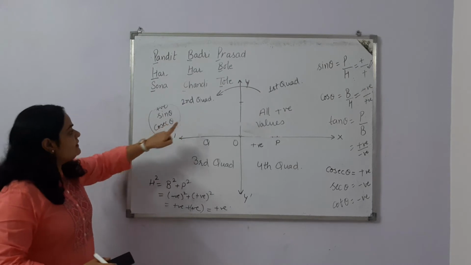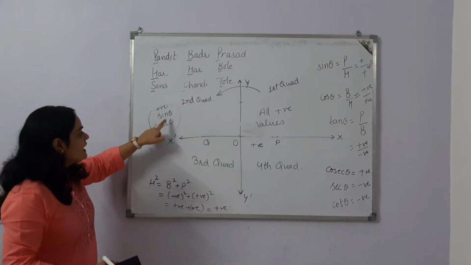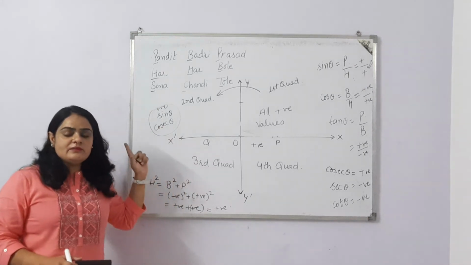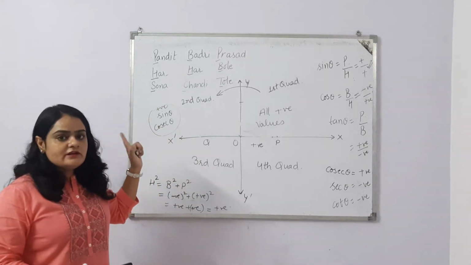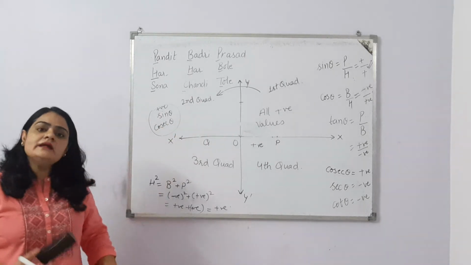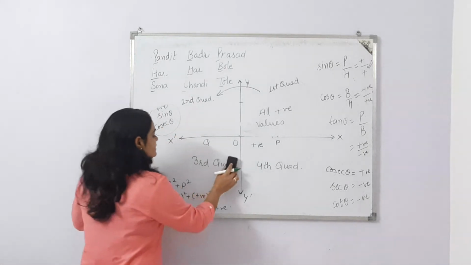And in the second quadrant, we are getting positive values of sine and cosecant, and the rest are negative here. That means the rest of the trigonometric ratios, if they are lying in the second quadrant, will be negative. Now, what about the third quadrant?